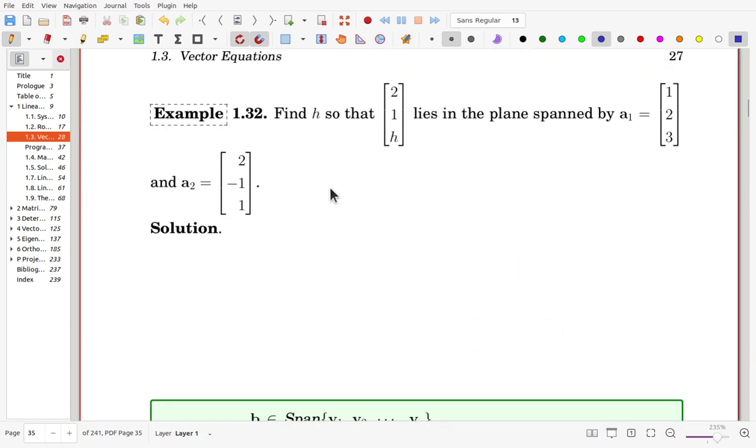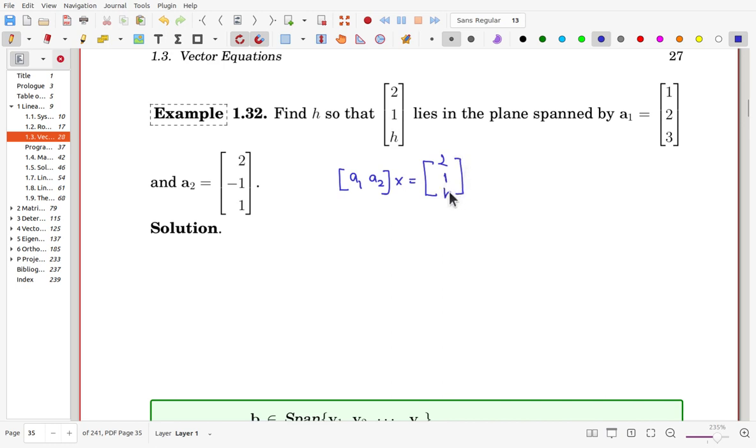Okay. Find h so that (2, 1, h) lies in the plane spanned by a1, a2. That means, again, the matrix [a1 a2] times x should equal that vector (2, 1, h).